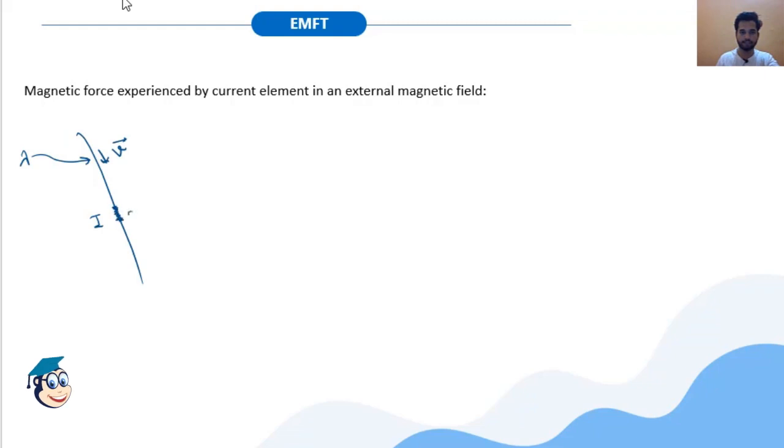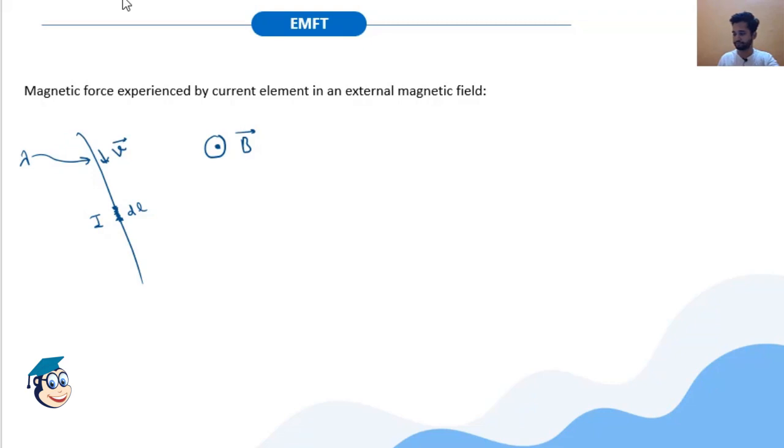Let's say this is dl, an infinitesimal length of that wire. Okay, and this wire is placed in an external magnetic field which is pointing outward of your screen, perpendicular to the screen. This is denoted by that dot inside the circle.